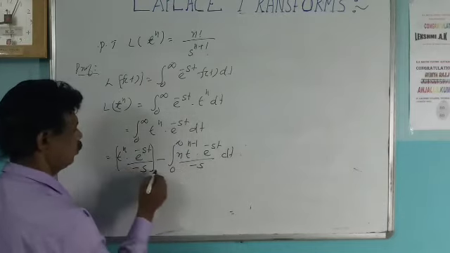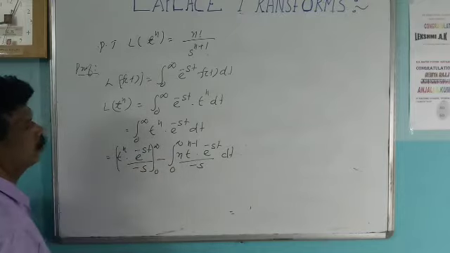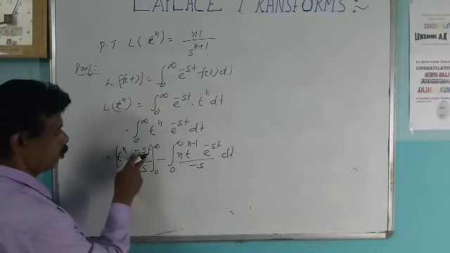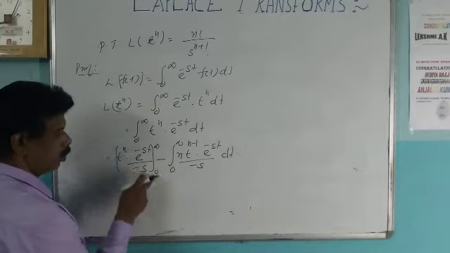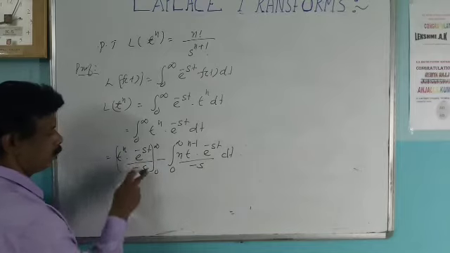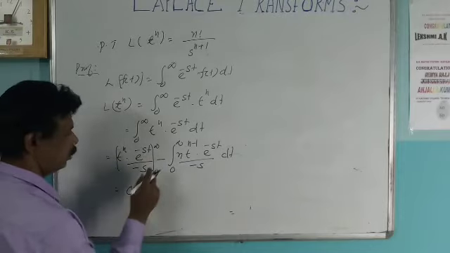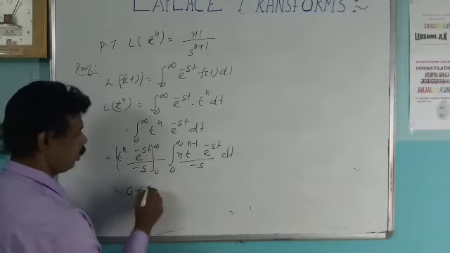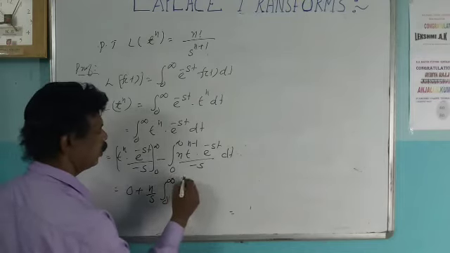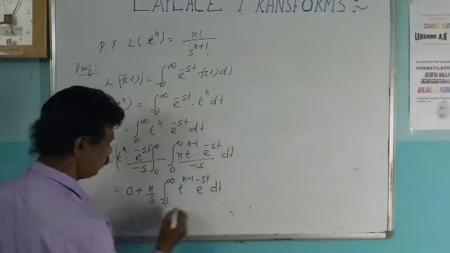Here e raised to minus infinity is 0, and putting t equal to 0, this also gives 0. So upper limit minus lower limit equal to 0. The first part is 0, and minus into minus gives plus n by s into integral 0 to infinity t raised to n minus 1 e raised to minus st dt. That is the first part.